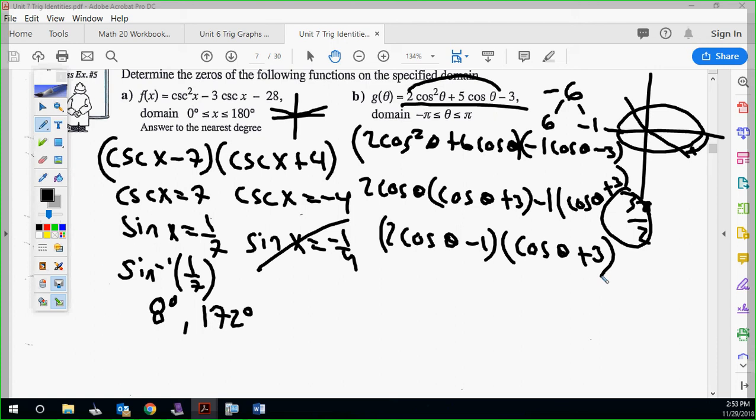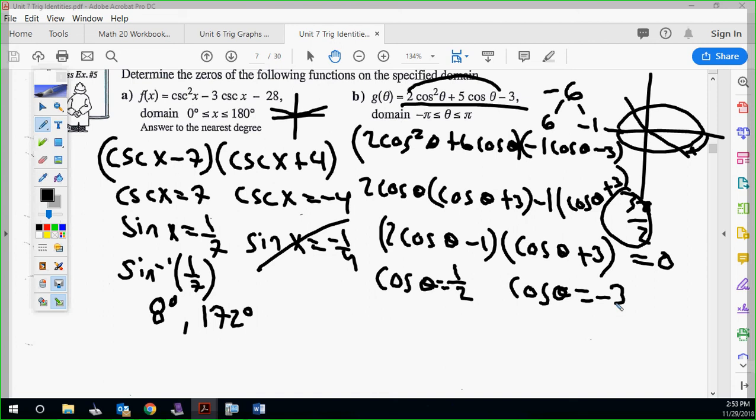So we want cosine at 1/2, and we want cosine at -3. Okay. Cosine of 1/2 is one we can do.